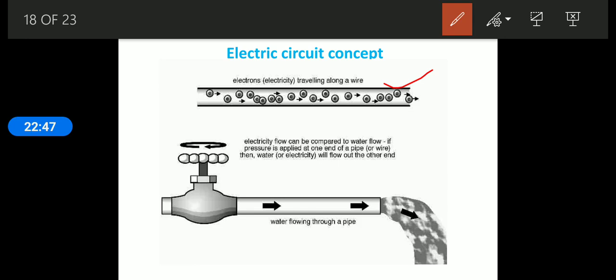If a smaller number of electrons are flowing through the conductor, less current is flowing through the conductor. Like this, here is a control valve. If the control valve releases more, more water flows through the pipe. If the control valve releases less, less water flows through the pipe.